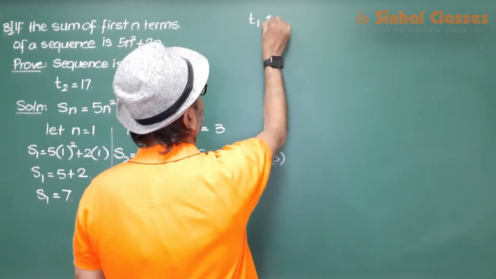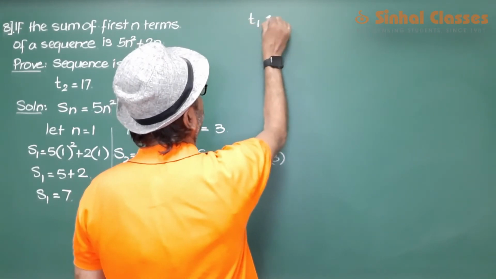With Tn we can find out the value of n, a plus n minus 1 into d. 500 is equal to 10 plus n minus 1 into d. 500 minus 10 upon 10 is equal to n minus 1. 49 is equal to n minus 1.